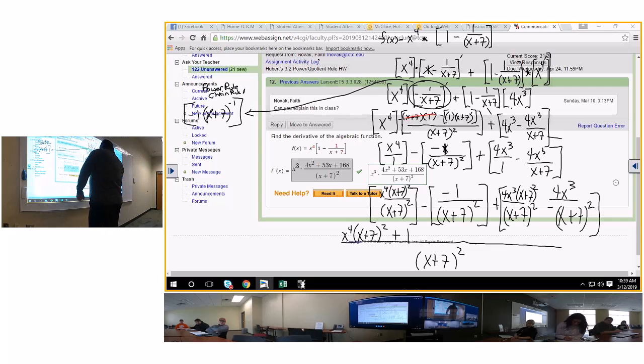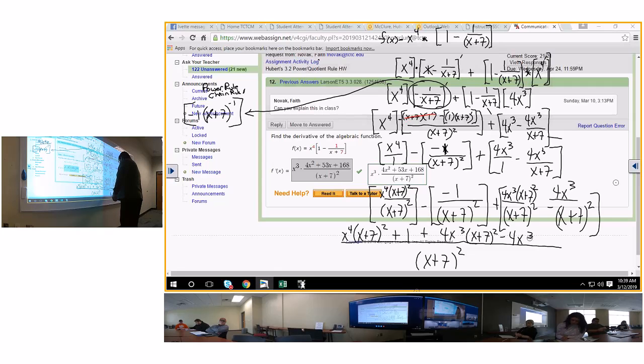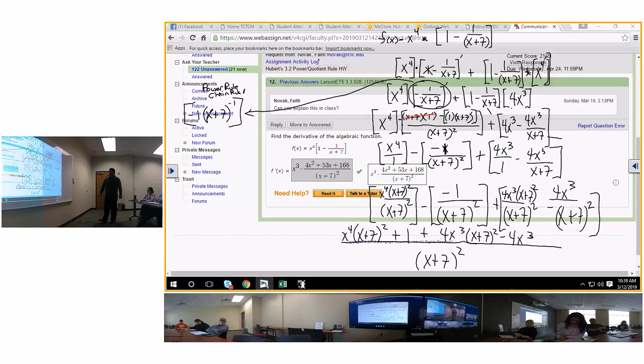And then you got plus 4x cubed times x plus 7 quantity squared minus what? 4x cubed. And now it's just what in the numerator? Shortcut number 1. And you're going to have to simplify that. Pray.